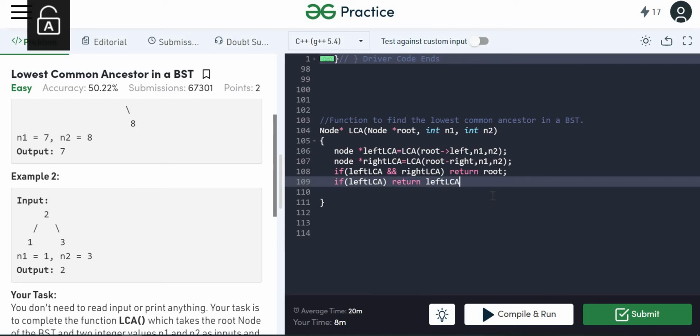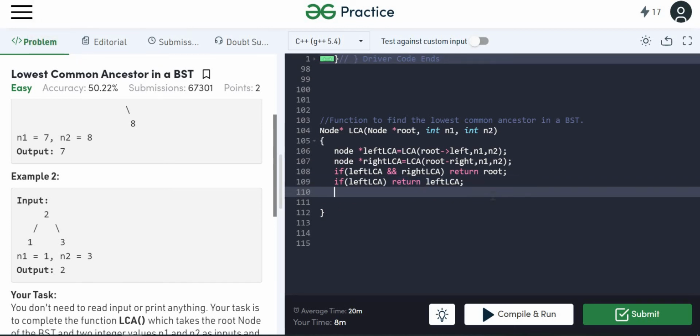Okay, I hope you understand it. And if leftLCA is equal to null and rightLCA is not equal to null, you simply return the rightLCA.